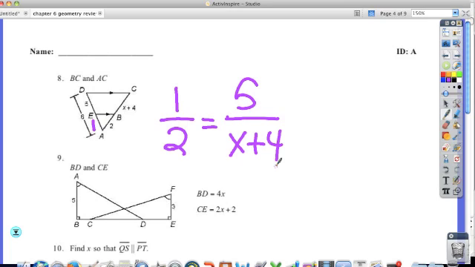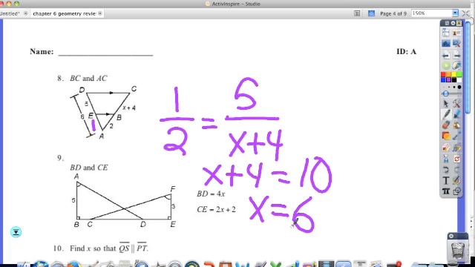So I could just do x plus 4 equals 10, x equals 6. And if I cross multiply, I still would get x plus 4 equals 10, x is equal to 6. They want me to find BC and AC. So 6 plus 4 is 10, and 10 plus 2 is 12.